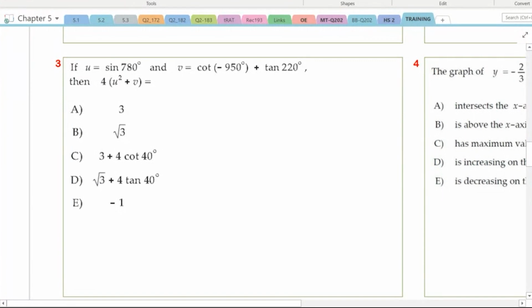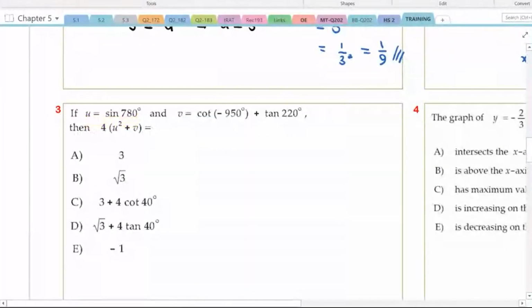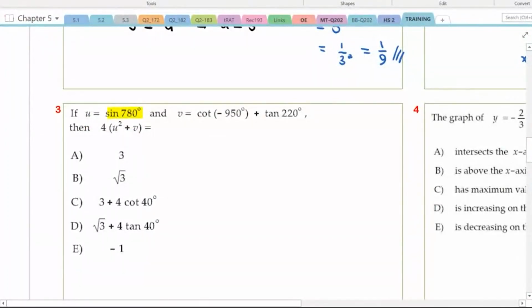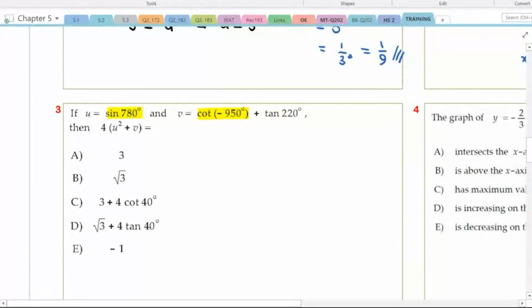Example number 3. The question says, if we are given u to be equal to sine of 780, and v is also given to us to be cotangent of minus 950 plus tangent. Now, what is the idea here?